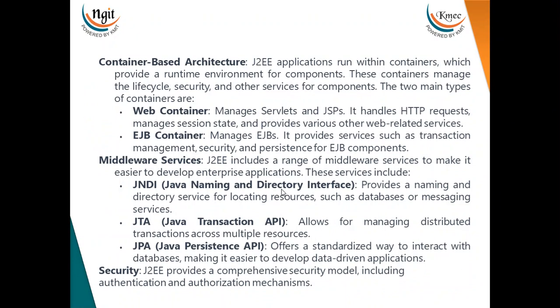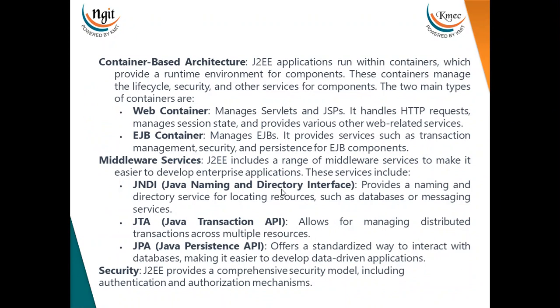The web container manages servlets and JSPs, handling HTTP requests, session management, and some web related services. The EJB container provides services such as transaction management, security, and persistence for the EJB components.